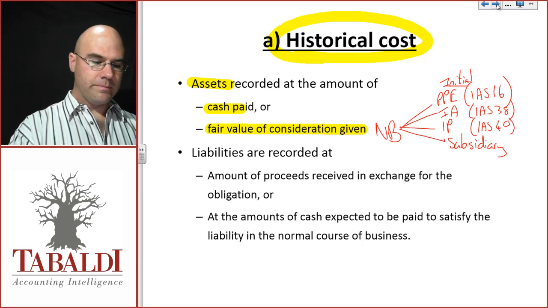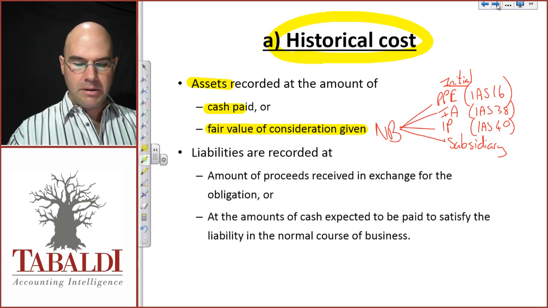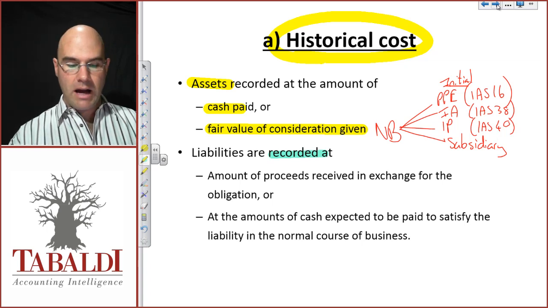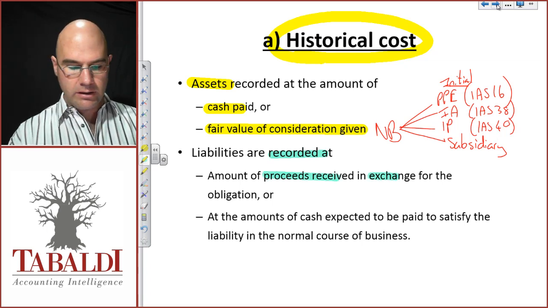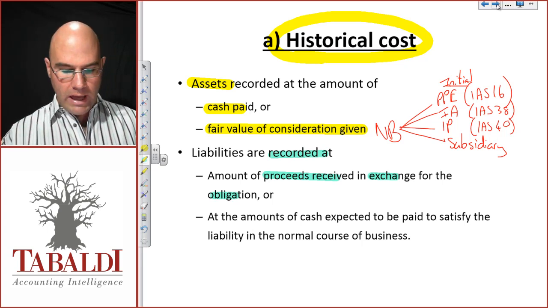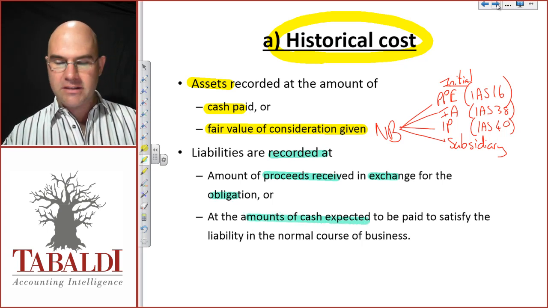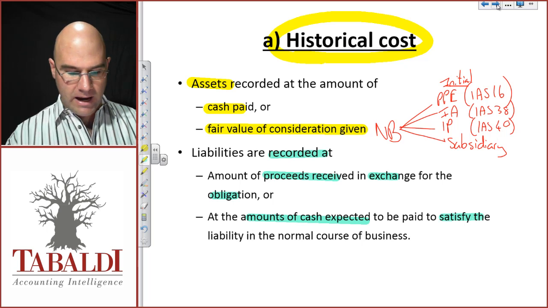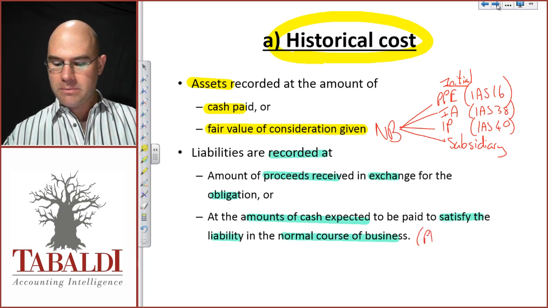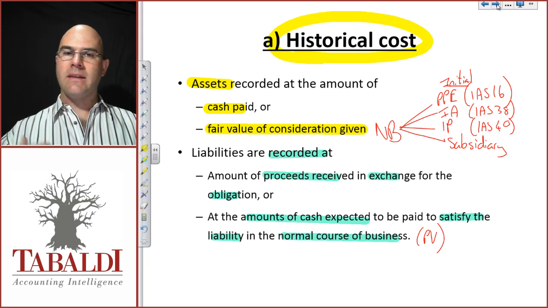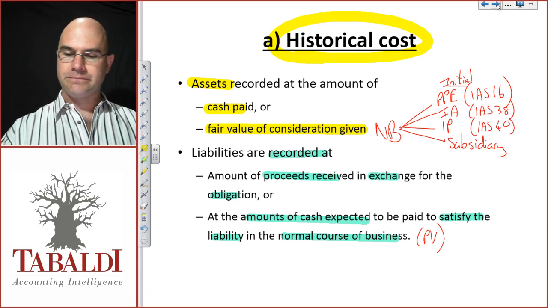Okay, so on the liability side now, liabilities are recorded at the amount of proceeds received in exchange for taking on an obligation, or at the amount of cash expected to be paid to satisfy the liability in the normal course of business. Please remember there will be some type of present value if there's a time value of money component.